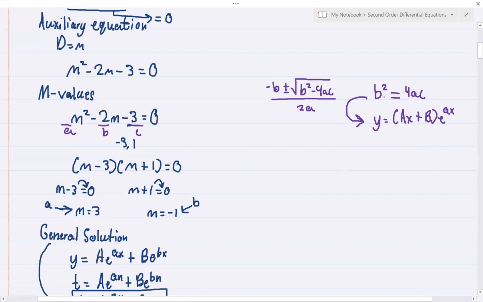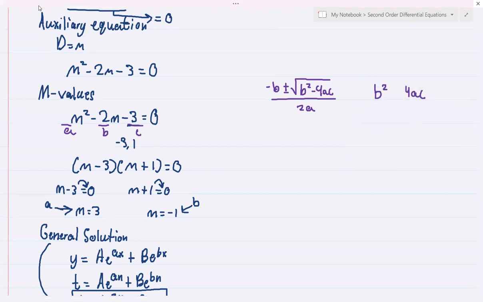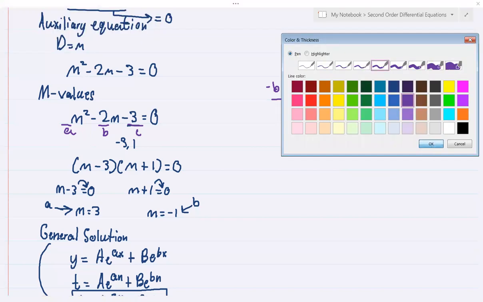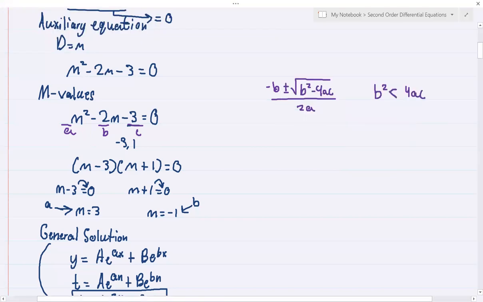All right? And you will know it if your b squared is equal to 4ac. All right? So, what if we have a value of 4ac that is greater than your b squared? Or basically, your b squared is less than your 4ac.